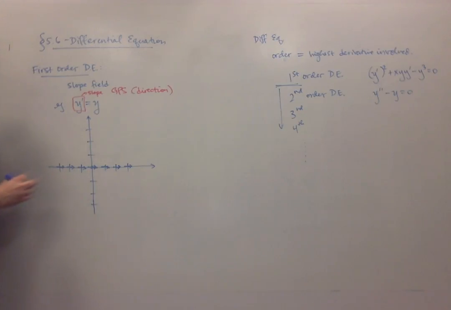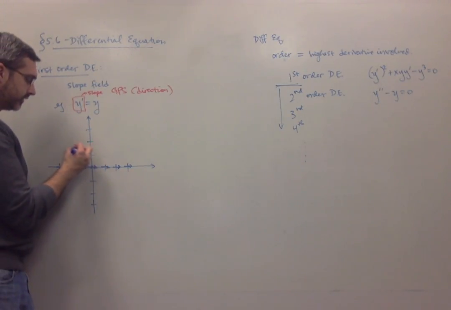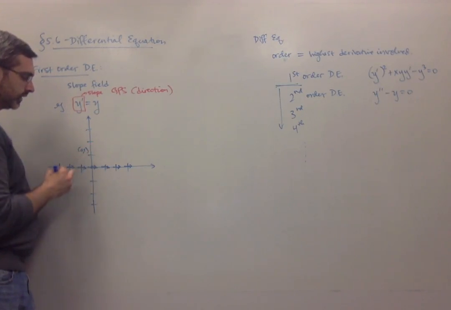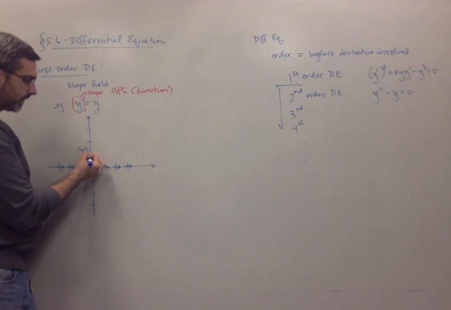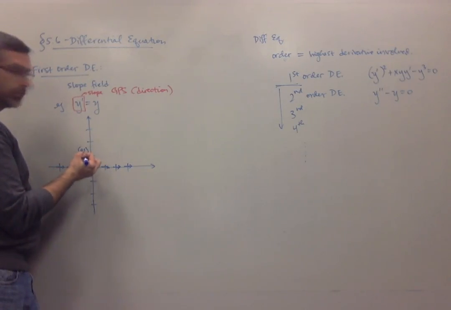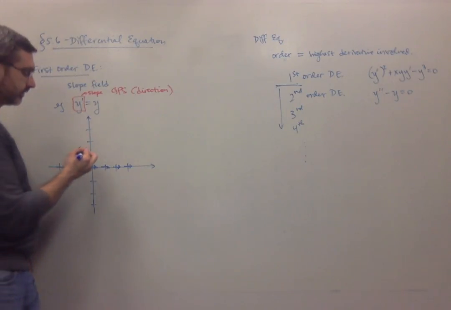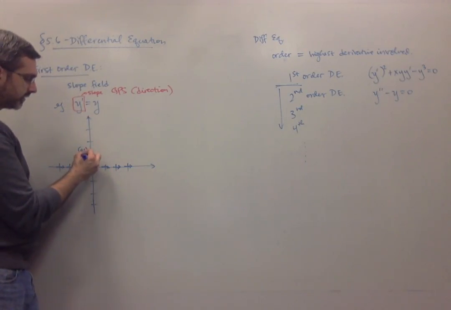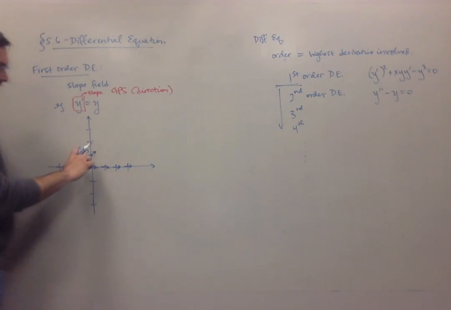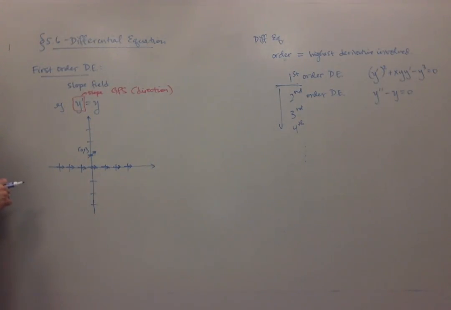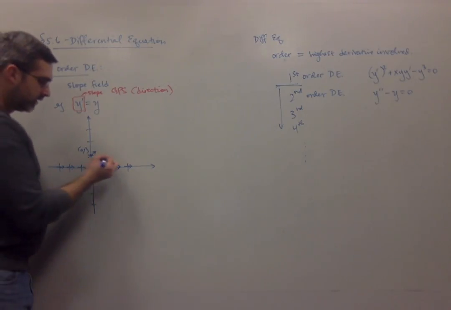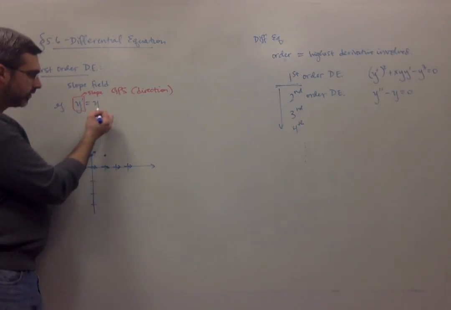Let's try another point here. Let's go 0, 1. Right here, at 0, 1, the slope would actually be 1. So I'm going to draw something in here with a slope of 1. Remember, a slope of 1 is at a 45-degree angle. Okay, if I'm at 1, 1, the y value is 1 there.